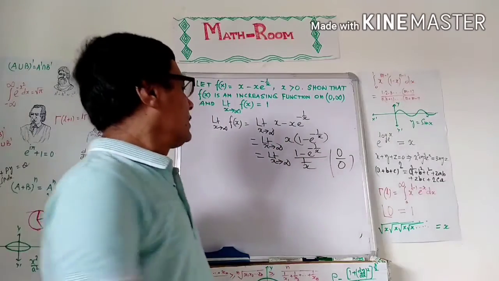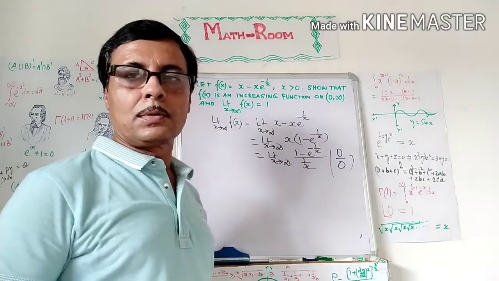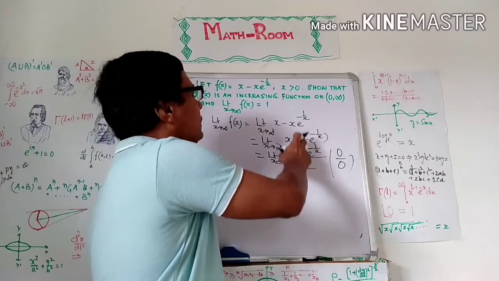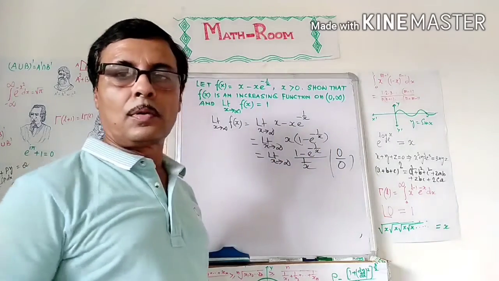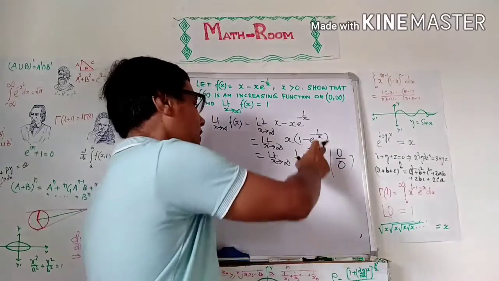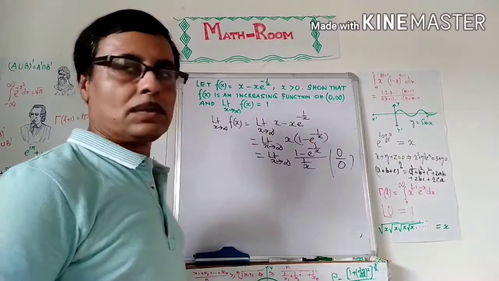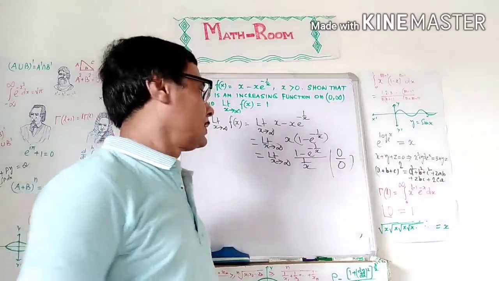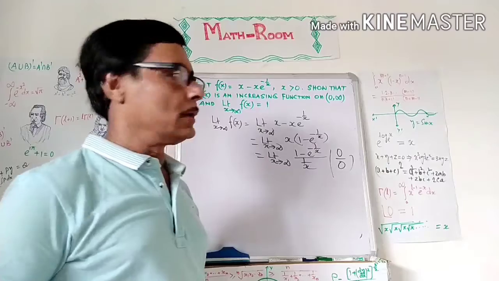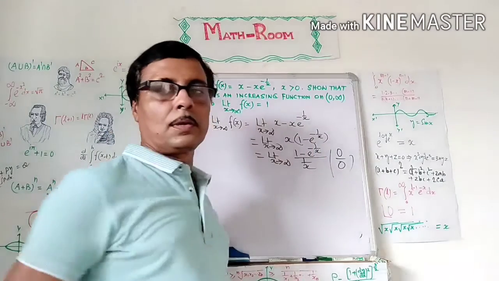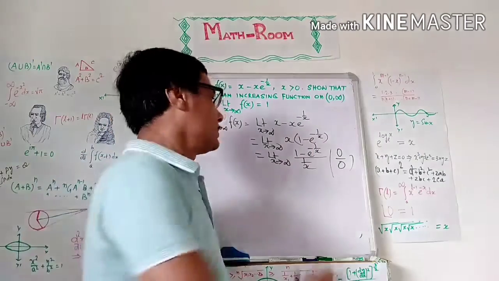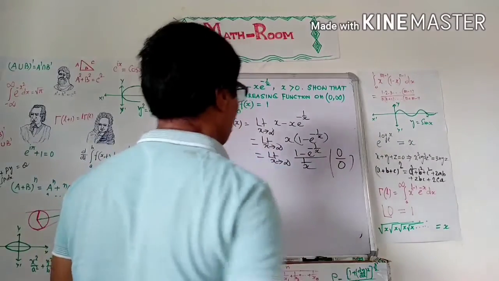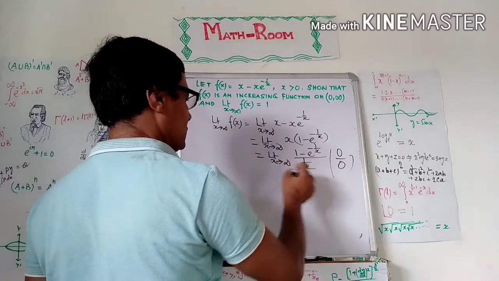To evaluate the limit, we can use the L'Hospital rule because the limit is in the form of 0 by 0. Numerator and denominator both are 0. If we put x equal to infinity, then this is 0 by 0 form, and as it is 0 by 0 form, we can use the L'Hospital rule to evaluate this limit. So we use the L'Hospital rule.